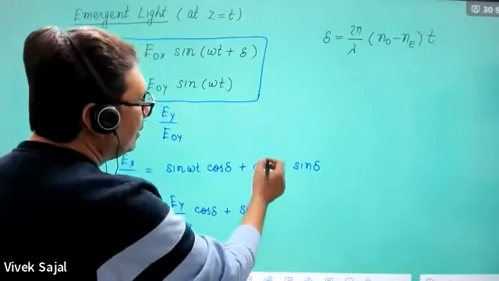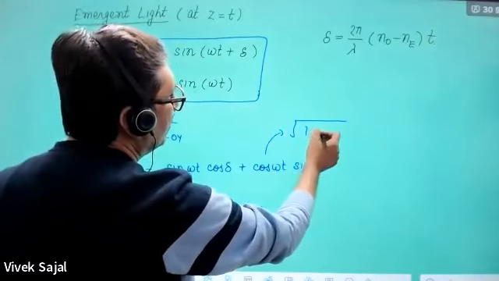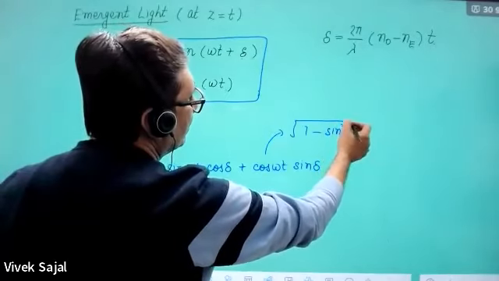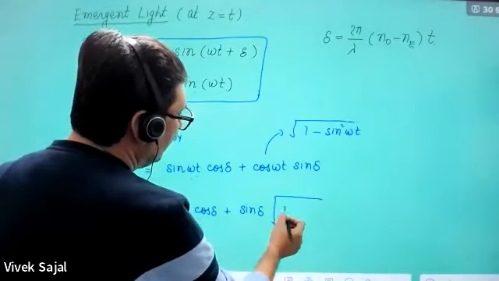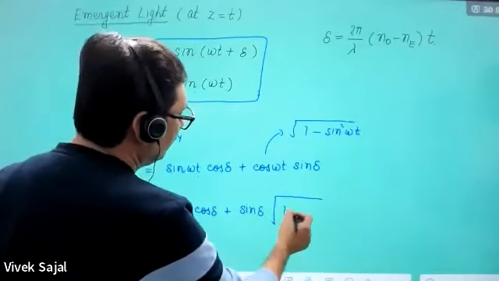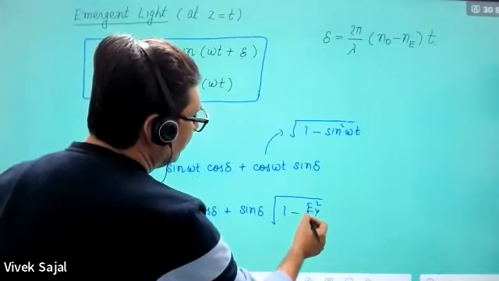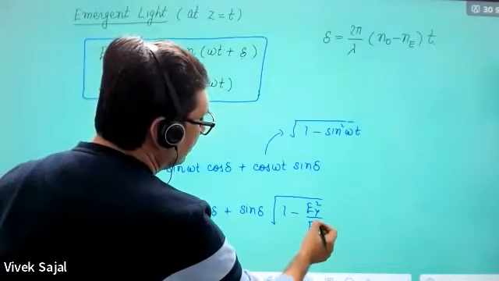And how can you write this cos omega t? Cos omega t will be the square root of 1 minus sine square omega t. So I can write 1 minus Ey square divided by E naught y square.